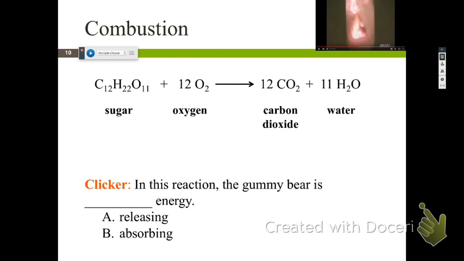So, if you were to describe this reaction, is the gummy bear releasing energy or absorbing energy? I have a little picture of the gummy bear in case you don't remember what it looks like.